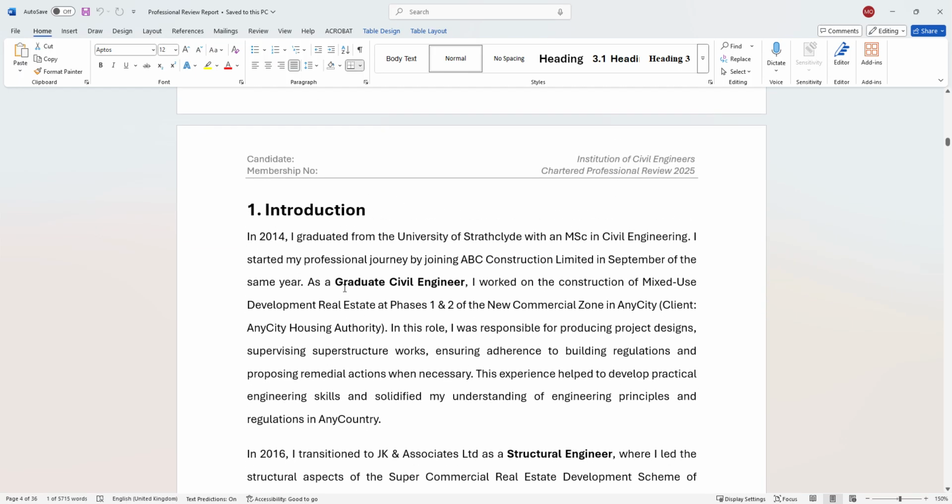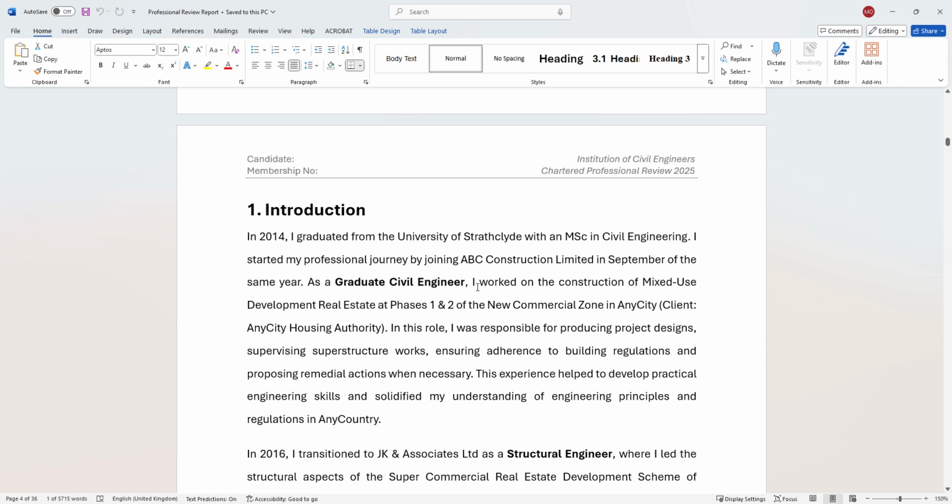Introduction. This is a very, very important section. The introduction gives us a history of the candidate's career, and it shows how the candidate has progressed, all the promotions the candidate has received, the additional responsibility. If you look at this first paragraph, it's saying that in 2014, the candidate graduated from University of Strathclyde with an MSc in civil engineering. I started my professional journey by joining ABC Construction as a graduate civil engineer.